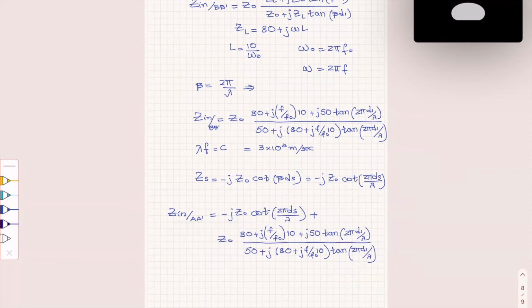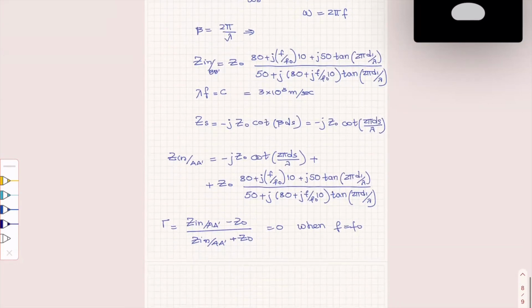And if you're going to find the reflection coefficient, gamma is Z in at A prime minus Z naught over Z in plus Z naught, which at the center of the frequency is 0. So it is 0 when F equals F naught.